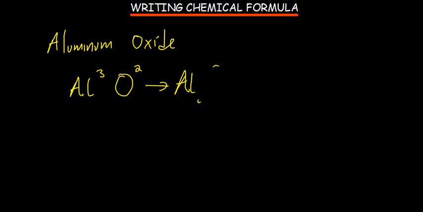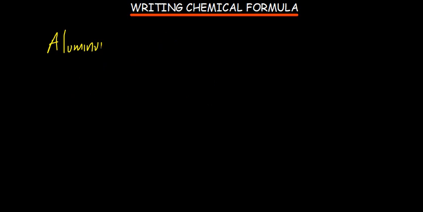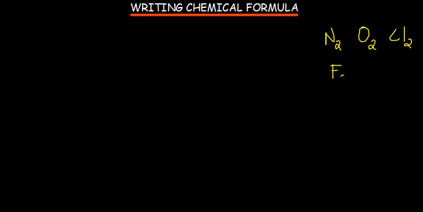Now when you want to write this as a chemical formula, you need to know some elements exist as diatomic. The meaning of diatomic is that they exist with a 2 down: nitrogen, oxygen, chlorine, fluorine, hydrogen.